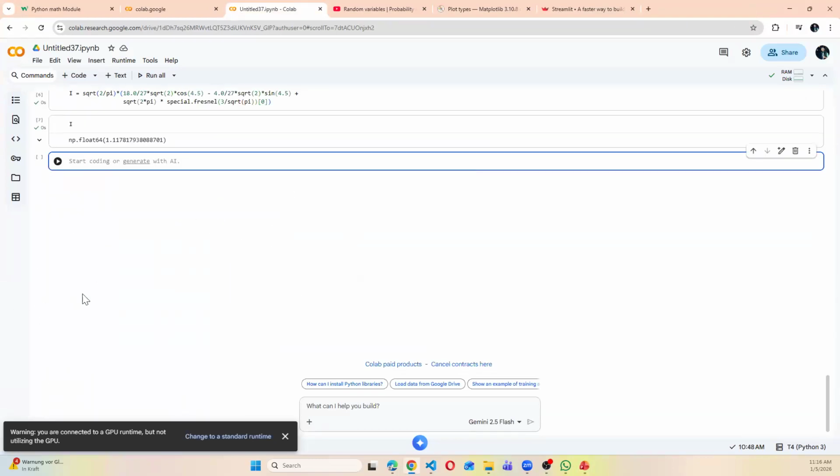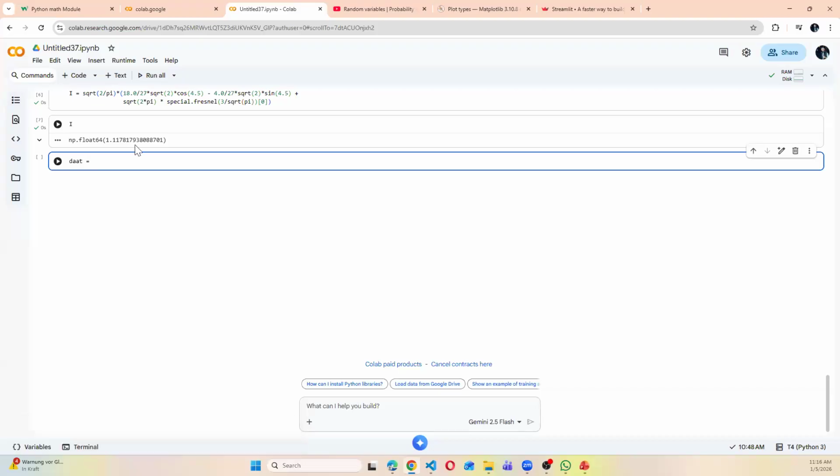First of all, you can have a sample space, for example data is a list of numbers, like 2, 2, 5, 6, 11, something like this. Then we try to find the mean of this.